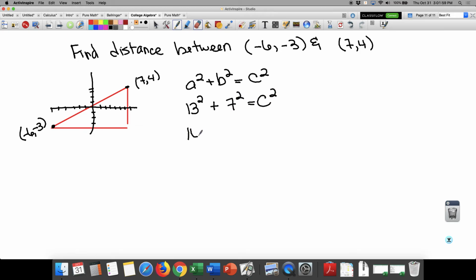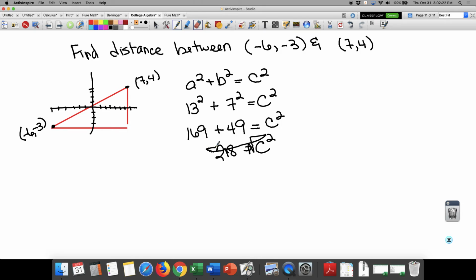So 13 squared is 169. 7 squared is 49. So that gives me 218. I'm going to take the square root of it because that's how I get rid of a square.